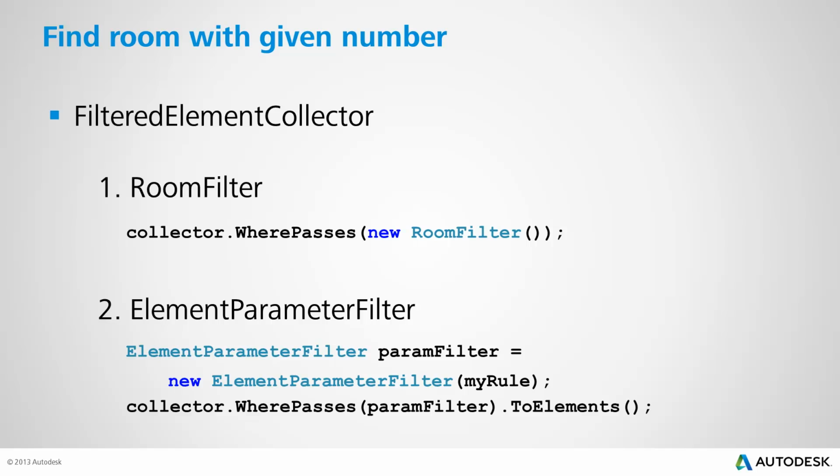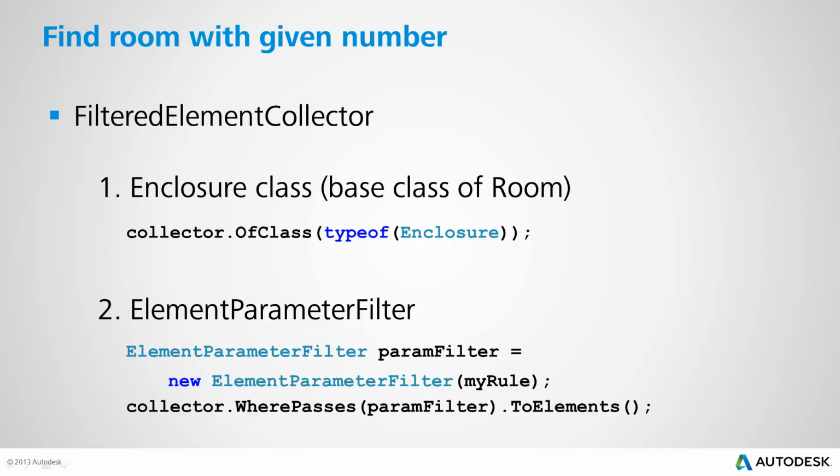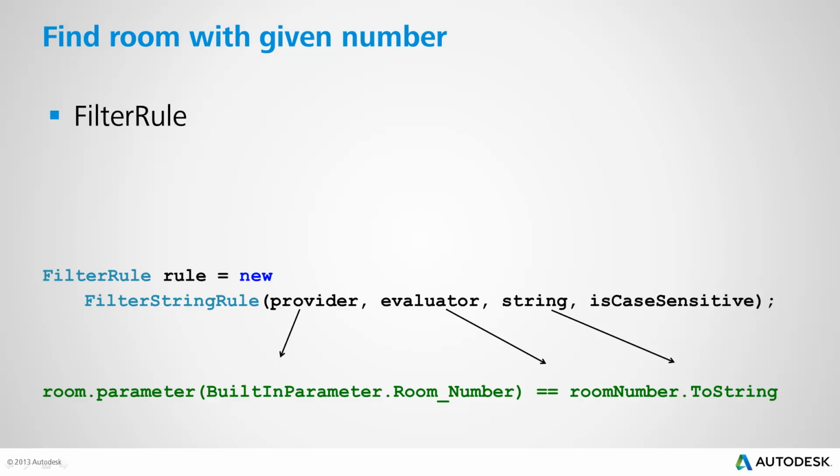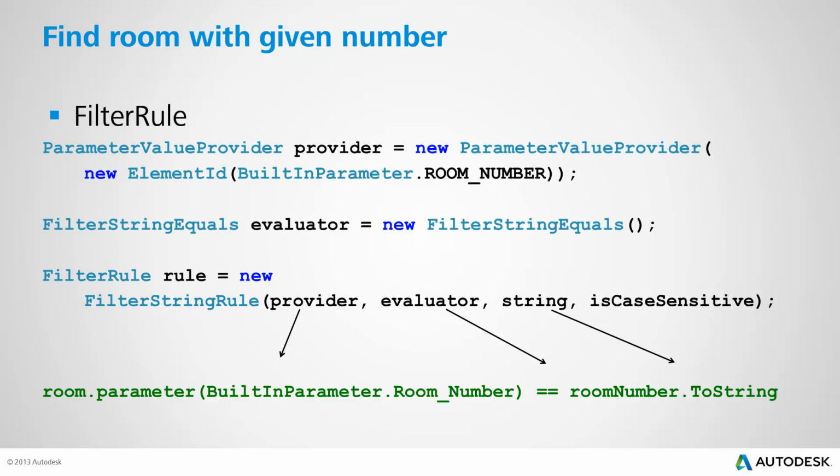Then we can narrow down the collection to the exact room we are looking for using WherePasses again, which requires a filter that is based on a specific rule. A rule requires three parameters: a provider that returns the parameter's value, an evaluator that tells Revit how we are comparing the values, and the value itself, in our case a string that we are comparing to. In this case, we are checking if the room number parameter of a room equals the string we pass in.